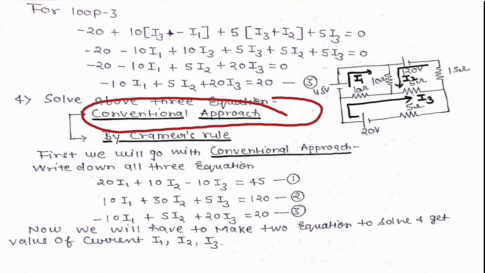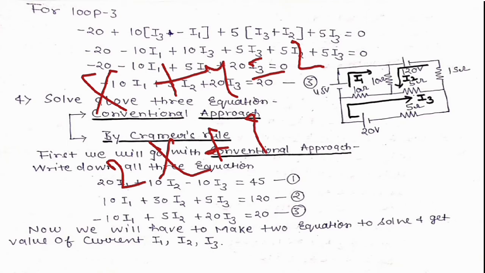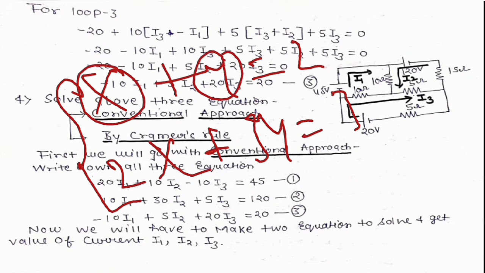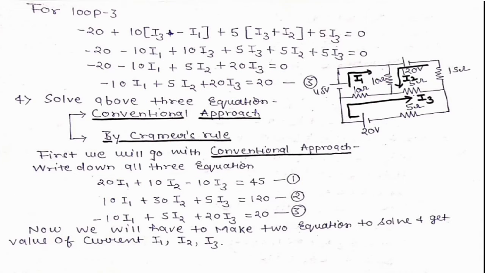If you have two equations like x plus y equal to 2 and 2x plus 3y equal to 3, there are two unknowns and two equations, so we can get the values of x and y. This is called the conventional approach, so we will have to solve the equations. The second one is Cramer's rule.